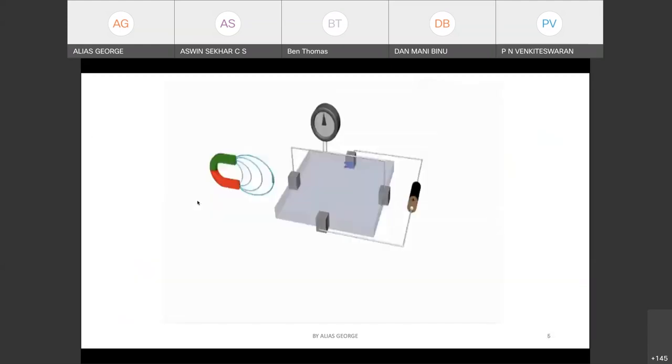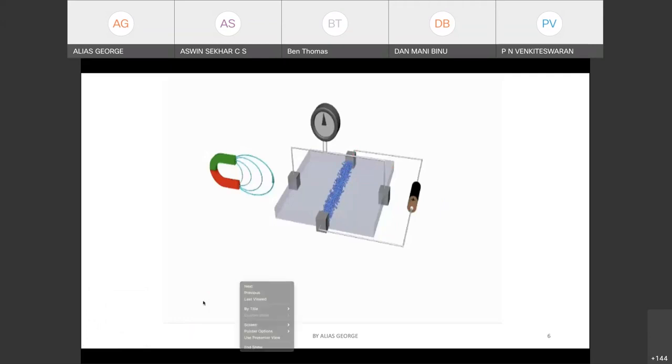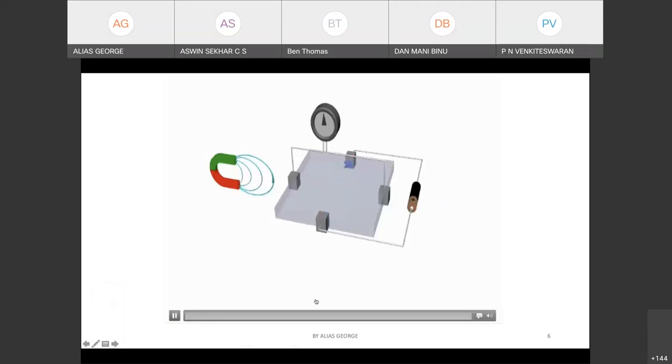Now you can see the illustration here. This is what I described till now. First, we are taking this whole thing as a conductor, not just these two pieces. We applied the current so that electrons will be moving in this direction.